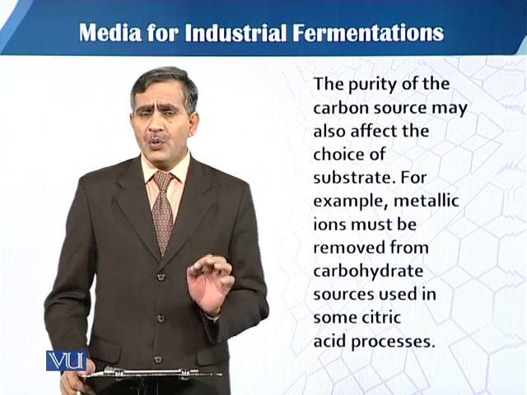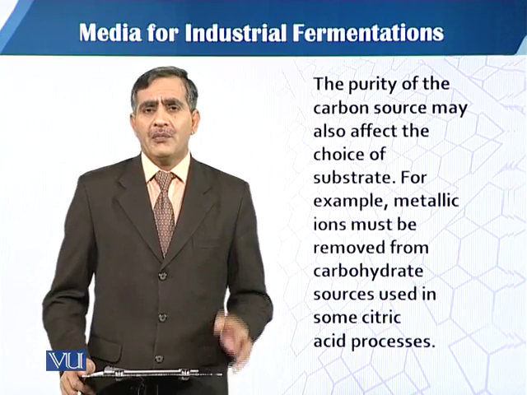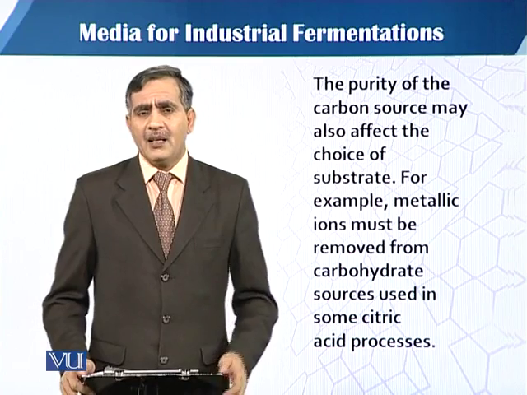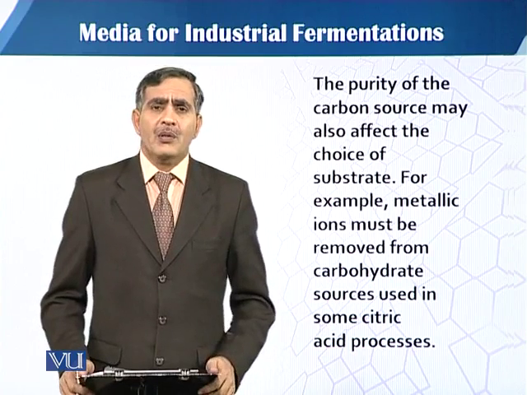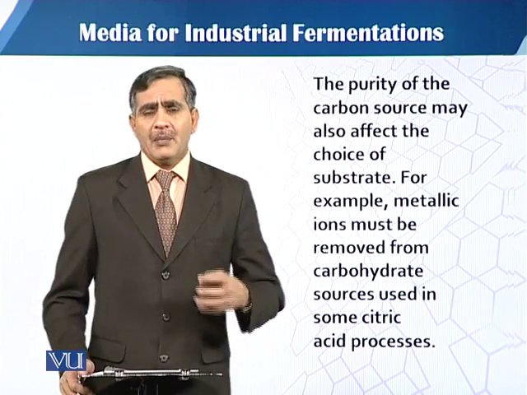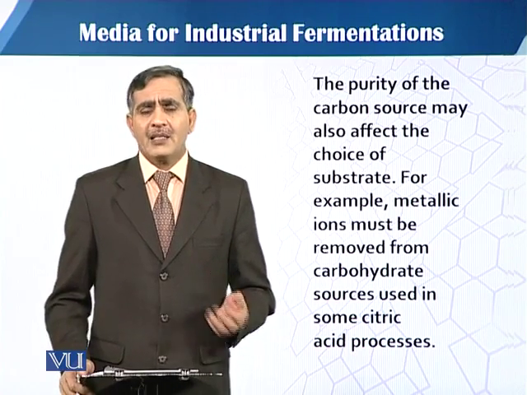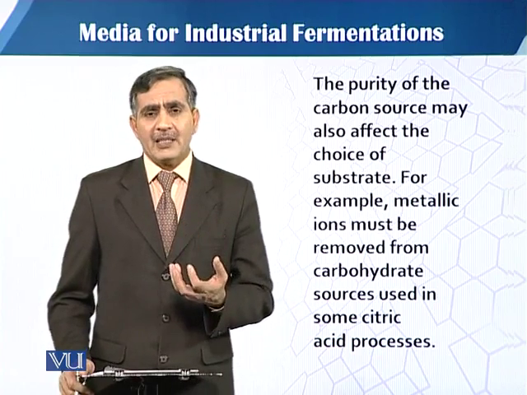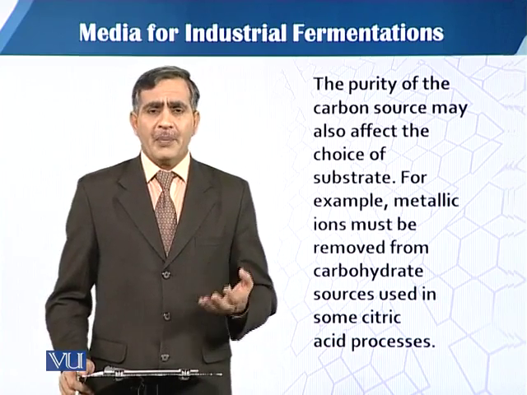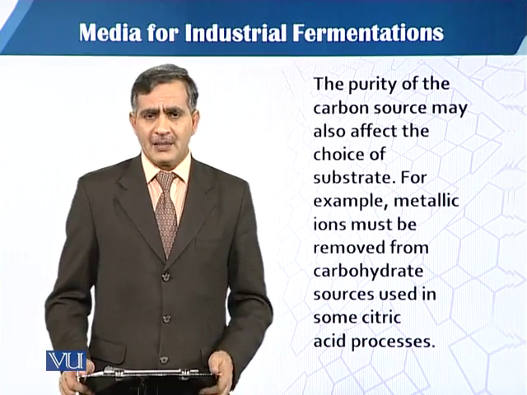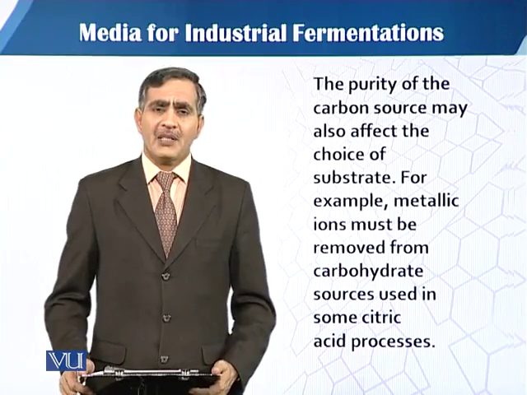When we use compounds with a high metallic concentration, such as molasses, it is very difficult to control the system, so we have to remove the metallic concentration. In the case of molasses, we have to clarify it to remove debris and metallic compounds before using it in such fermentation processes.